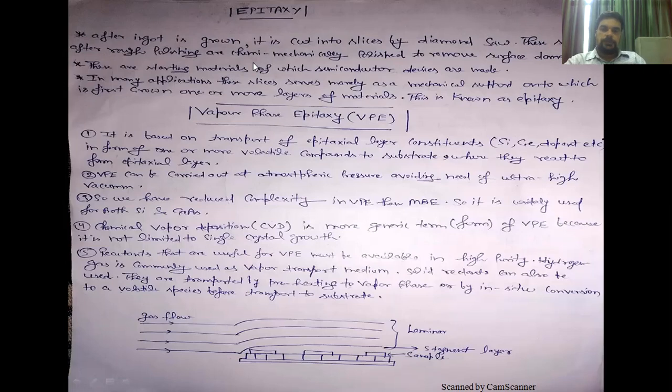Now, in many applications, these wafers, or substrates, serve as the mechanical support, and onto the substrate, one or more layers of materials are grown. This is known as epitaxy. So epitaxy is the process which signifies the growth of layers onto the substrate.